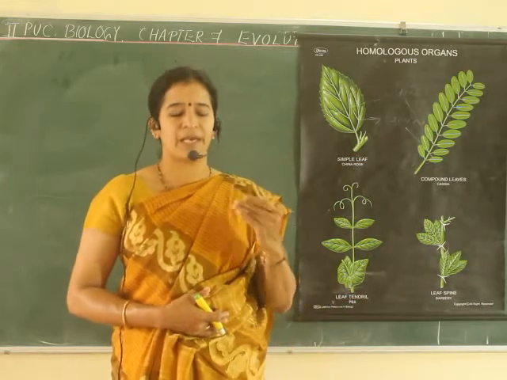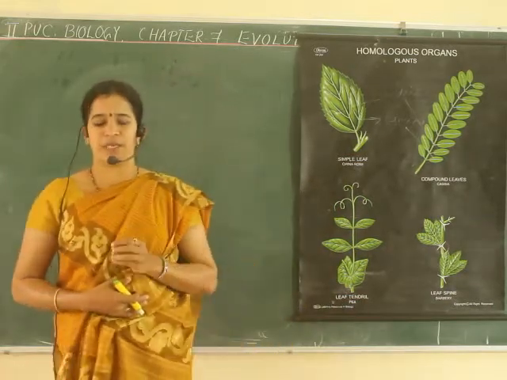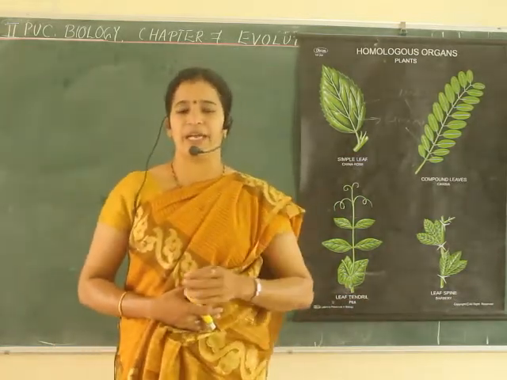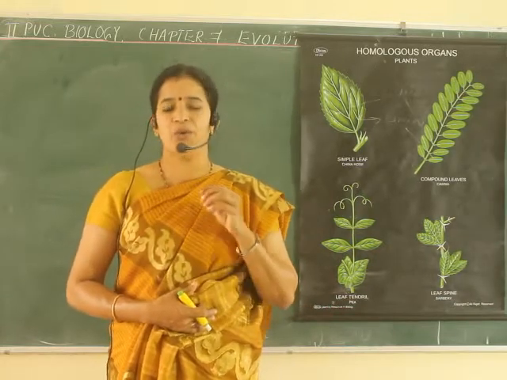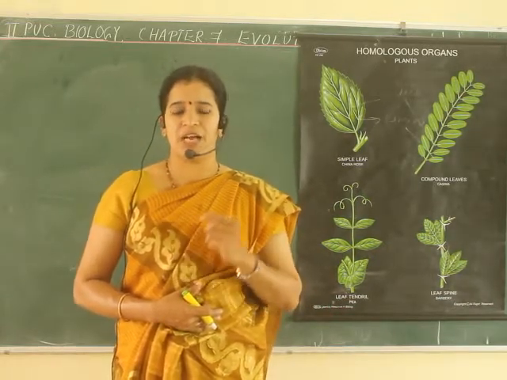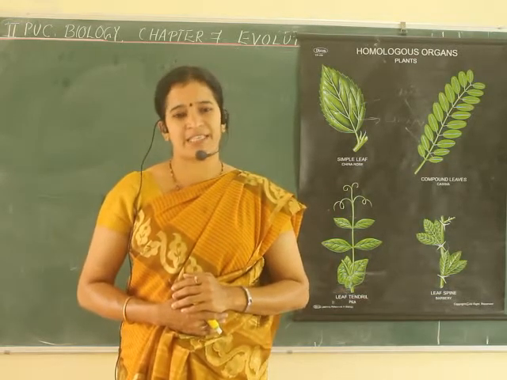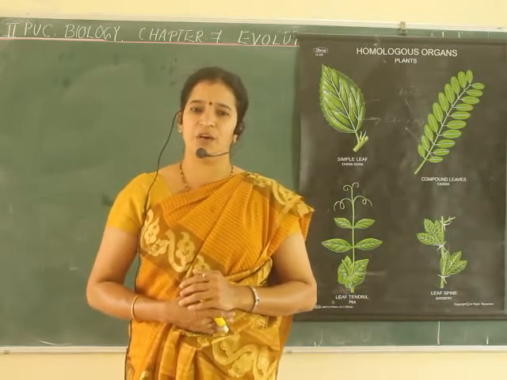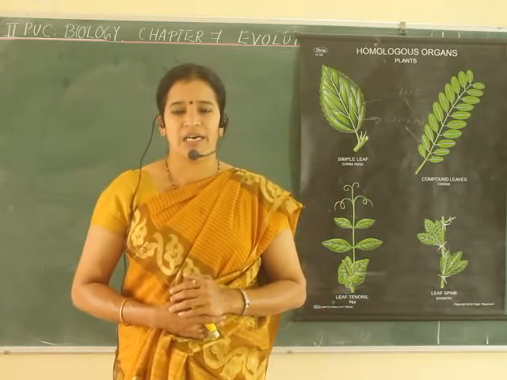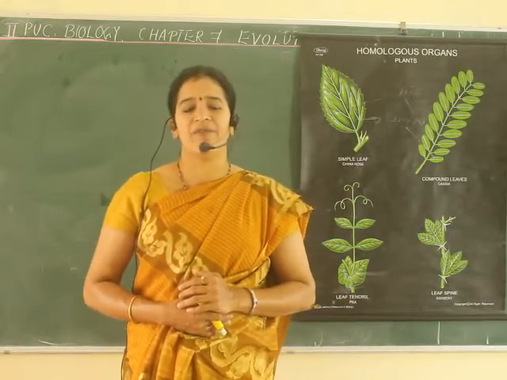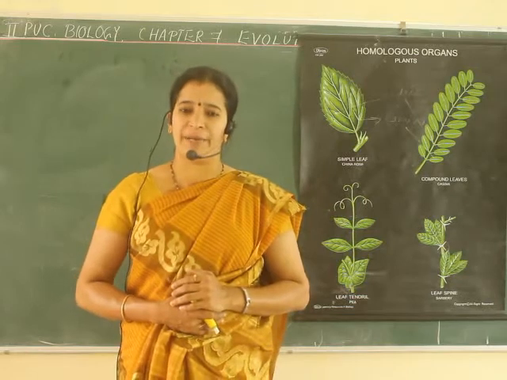Now, in chemical evolution, there are a few things I just want to tell you again. Here, some conclusion you have to write. Okay, so conclusion also you should include along with that chemical experiment. The most accepted theory was the chemical evolution of life, which has proved that life evolved from non-living materials.